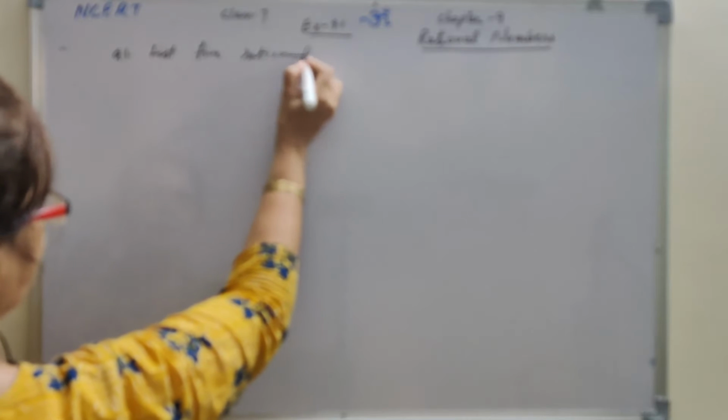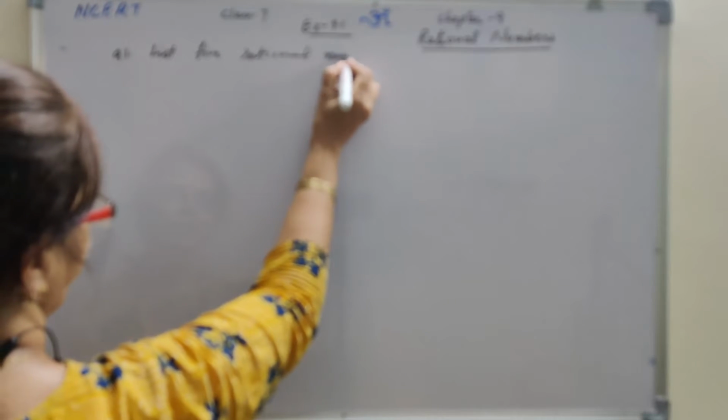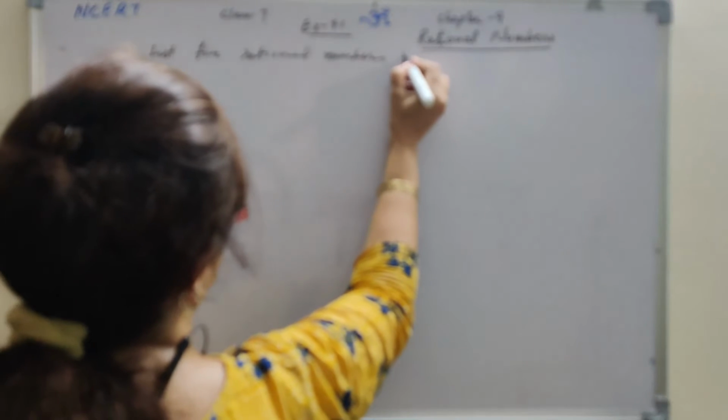We have to find 5 rational numbers between minus 1 and 0. First part is between minus 1 and 0.